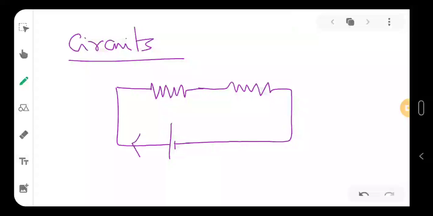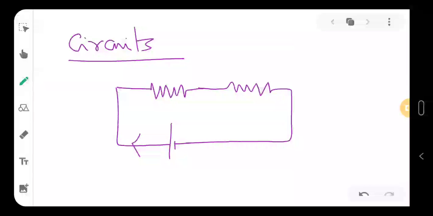So we are not bothered about negative charge flow, but we are thinking about an apparent positive flow of charge. So this is called a circuit. A circuit is nothing but a path through which charges can move.